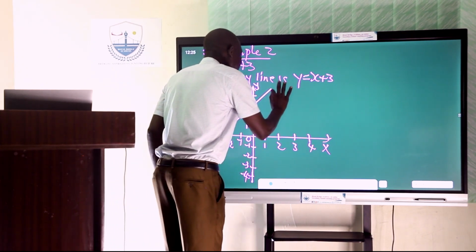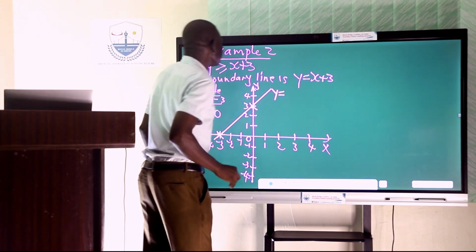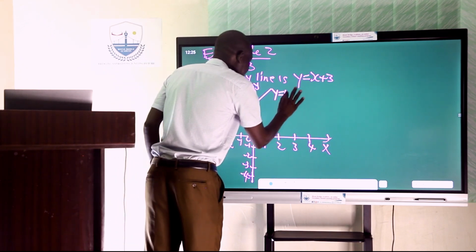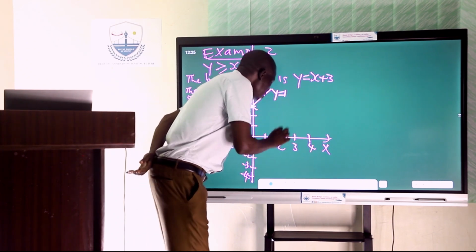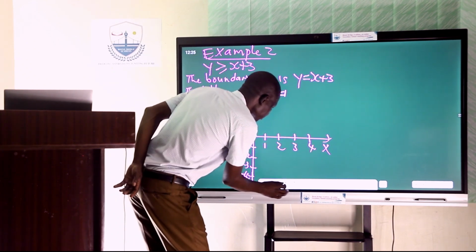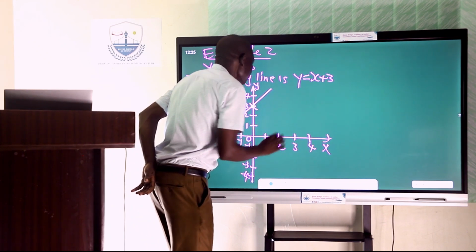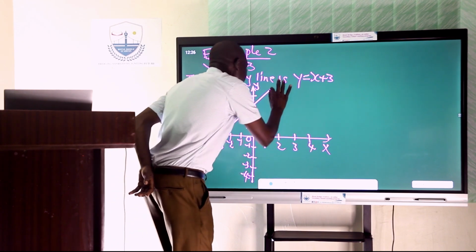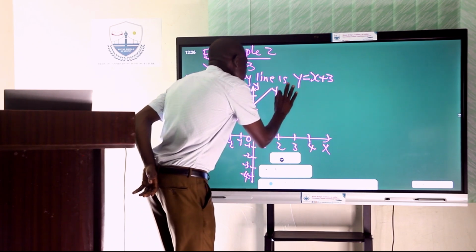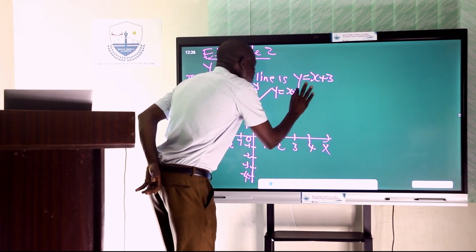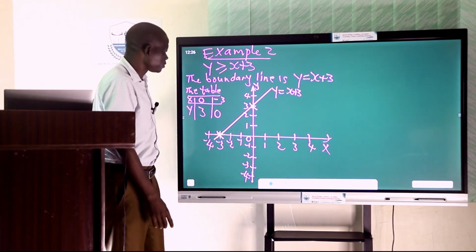This is the line y is equal to x plus 3. We are writing this y is equal to x plus 3. That is the line. So we have already drawn the line.